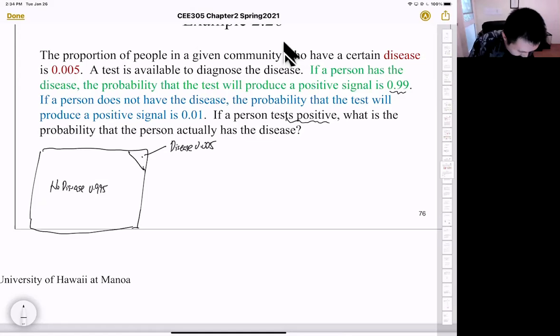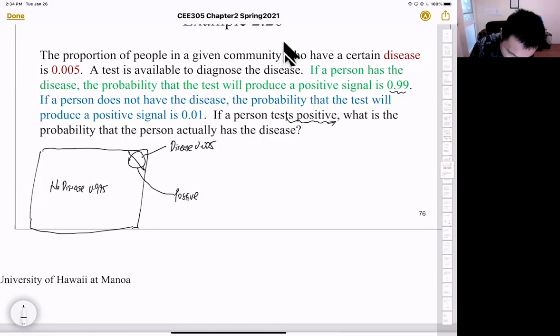So let's say the circle represents that the test is positive, that circle means the test gave a positive result. The question is asking, given a person tests positive, which means within that small circle of positive, what is the probability that person actually has the disease?